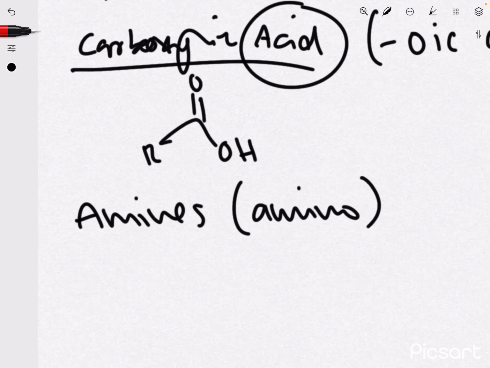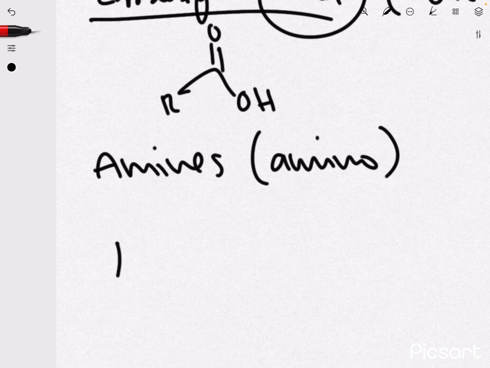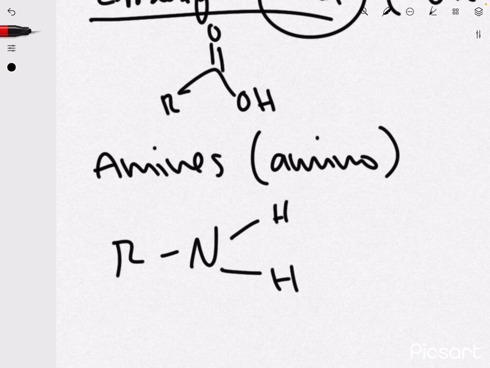Now back to our amines, amino, and this will be when you have NH2 bonded onto a carbon group. A good example of these are amino acids, in which you have your NH2 bonded onto a carbon, which can have any R group bonded onto that.